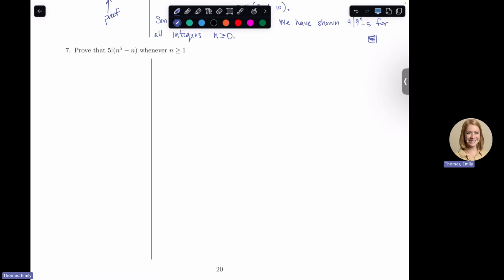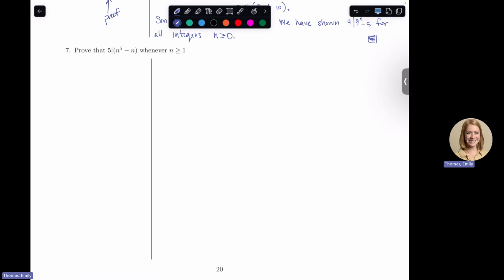5 times 3. Yeah, that's okay. Yeah, 5 does divide 0. 0 times anything, or 0 times 5. 5 divides 0.